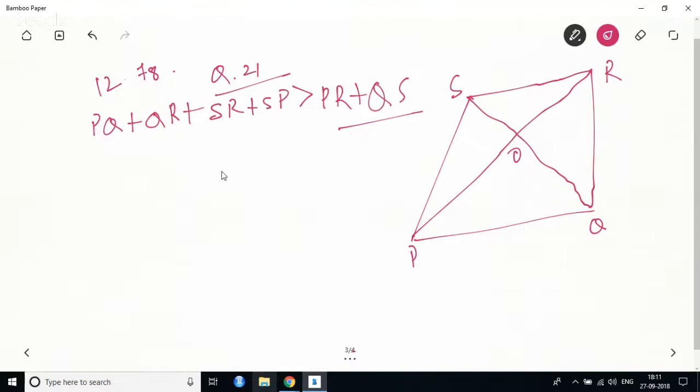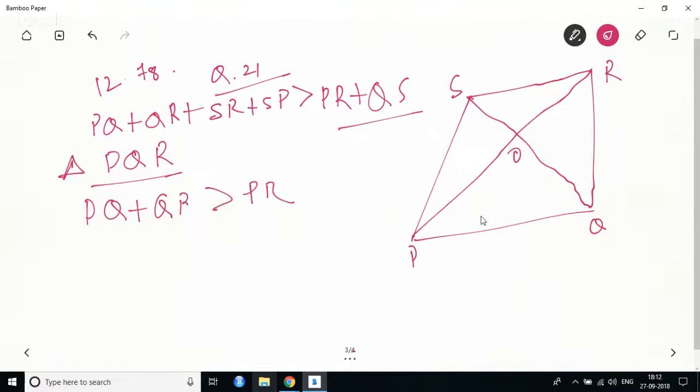And how do we do it? So guys, try to understand. I take this triangle, triangle PQR. So PQ plus QR will be greater than PR.